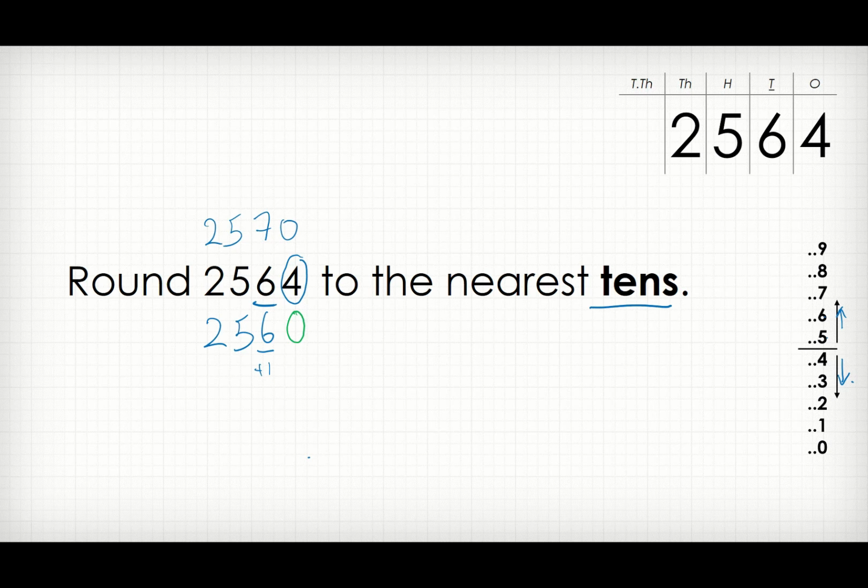Since the digit is 4, we will round down. And this is the correct answer. So when we round 2564 to the nearest tens, we get 2560. That's the final answer.